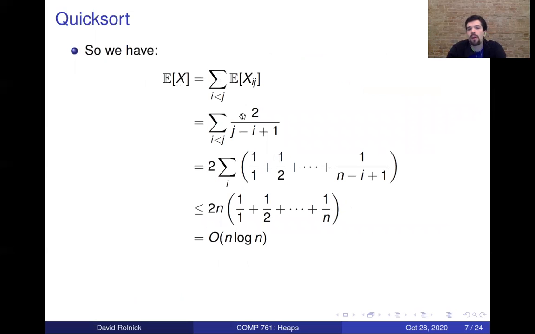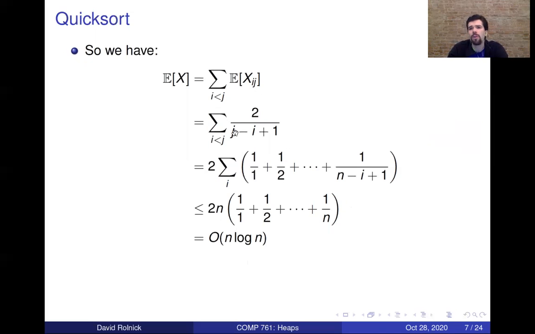So now our total expected value is just summing this thing, 2 over j minus i plus 1. And it gets a little bit thorny. I can pull out the 2 first of all, and write this as 1 over 1 plus 1 over 2 plus all the way up. How high could this be?